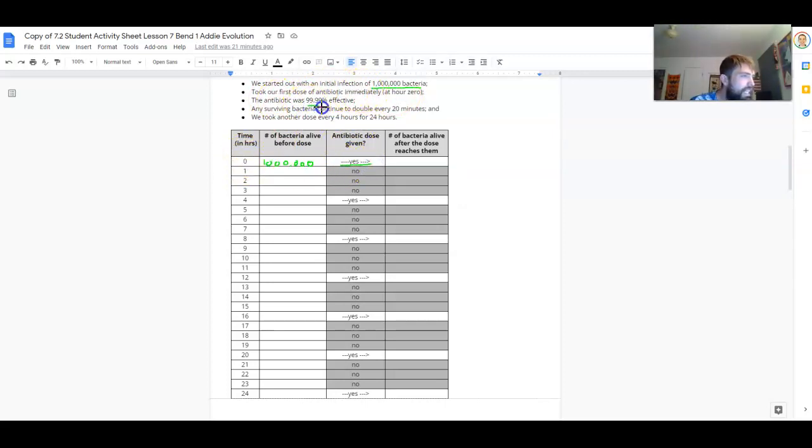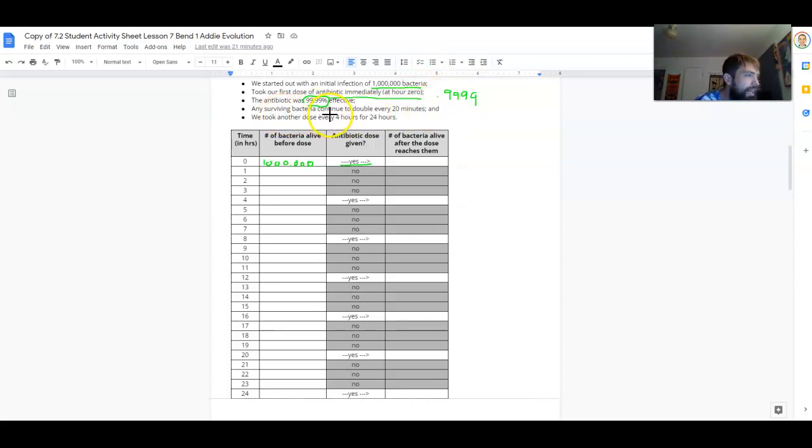And it was 99.99% effective. Remember, that would equal 0.9999. Remember, this is important. If you ever want to go from a percent to a decimal, you just move the decimal over 2 times, and that will give you what the decimal is.